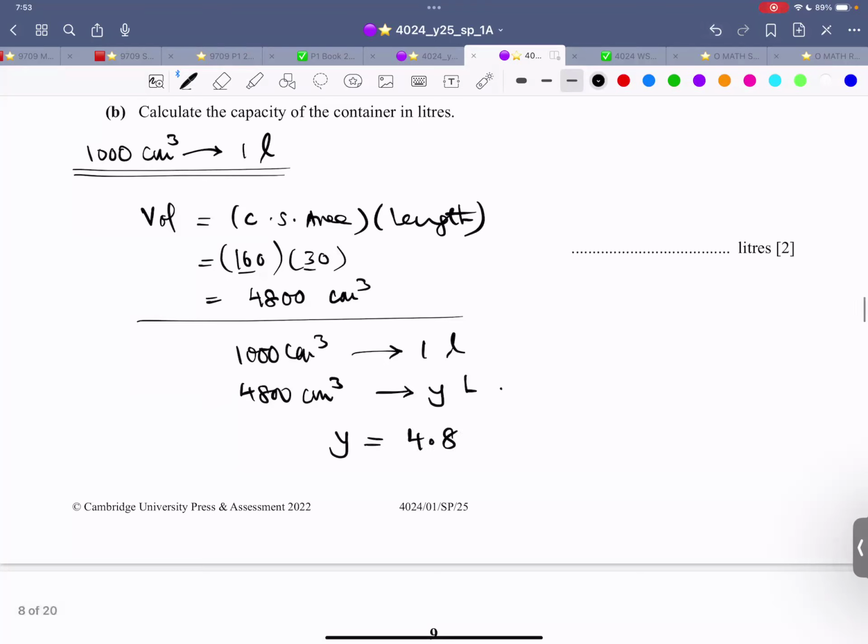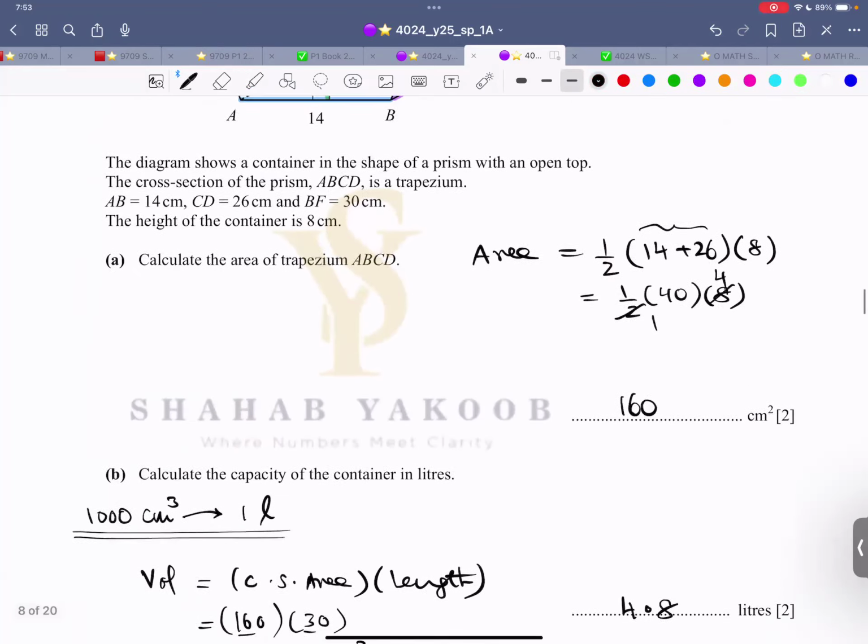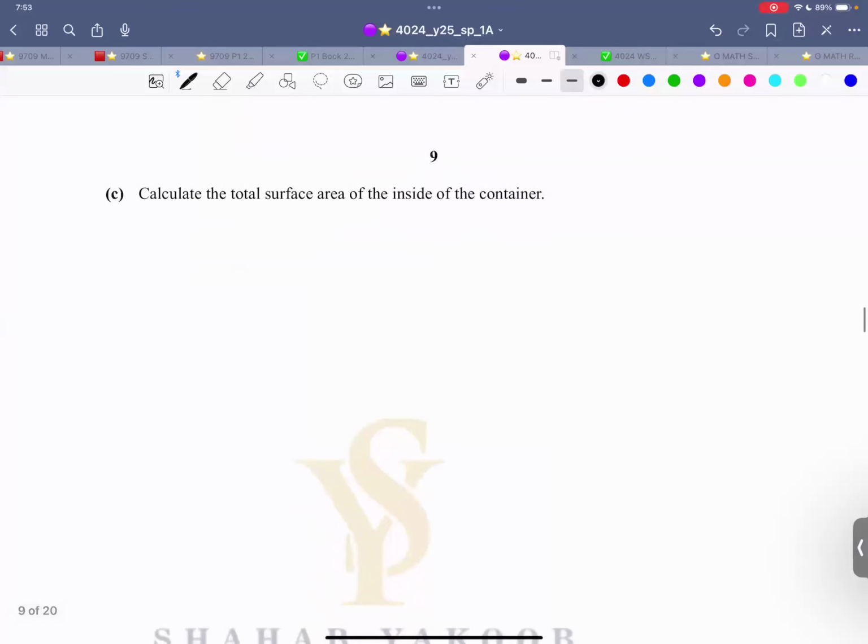So now 1 is 1000. Let me just change the color. Hold for a second. So over here, this 1 becomes 1000. So therefore, y becomes 4800. So y has to be 4.8. So that's the answer for this one. Let me write over here. That is 4.8 liters. Take care of the conversion.